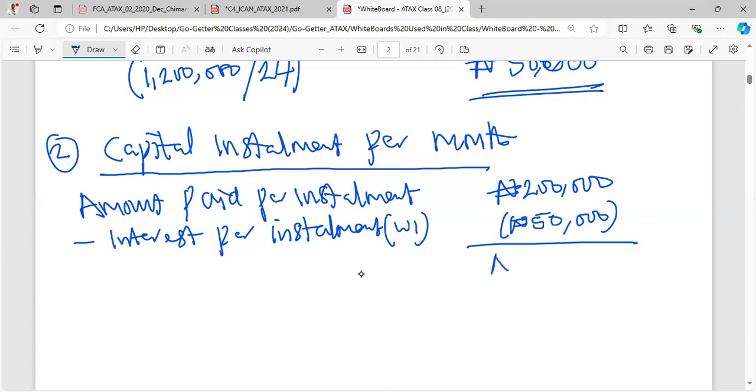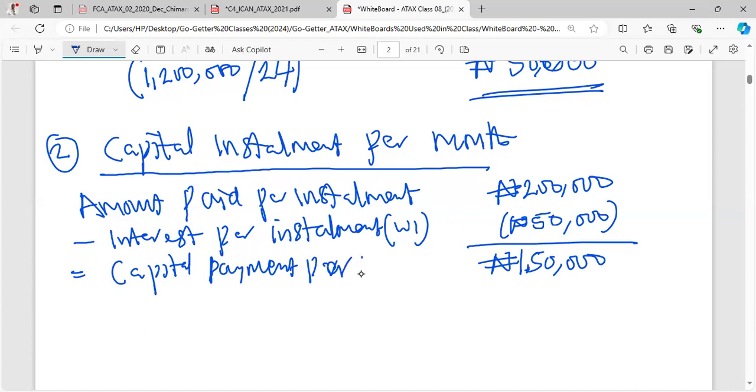That means for every 200,000 you pay, 150 is capital payment per installment. So it means that for every 200,000 you pay, 50 is interest and 150 is capital.